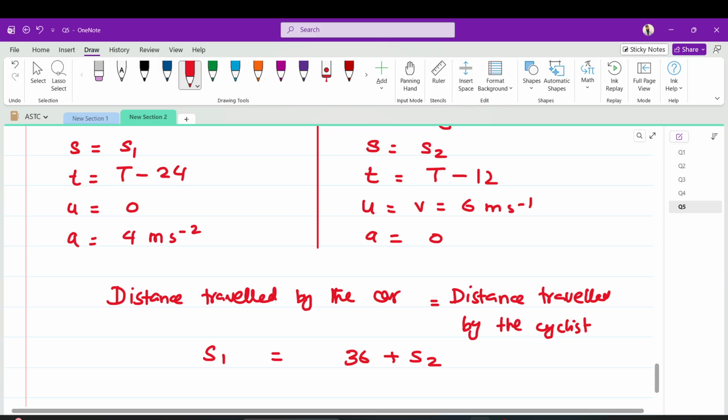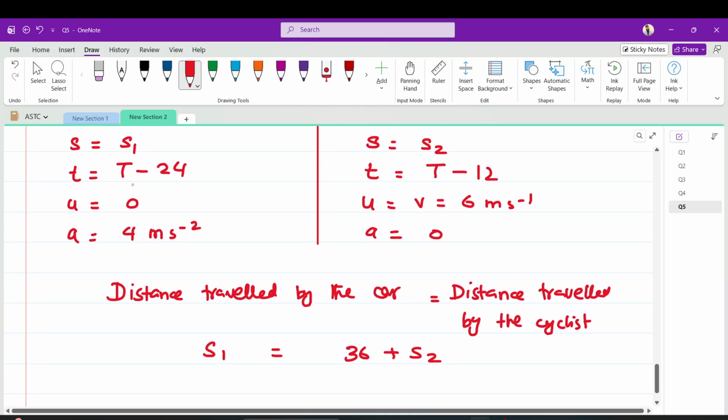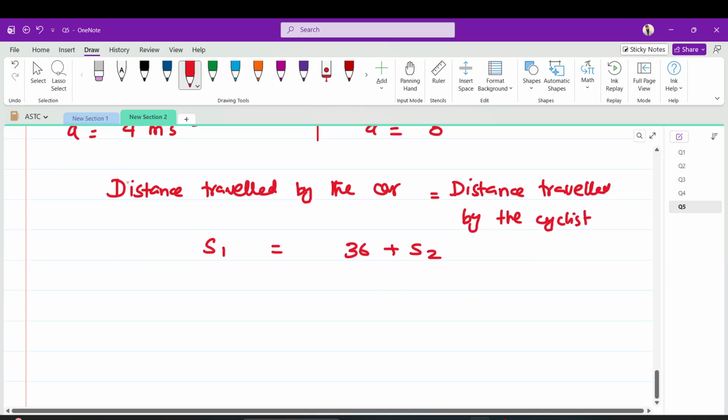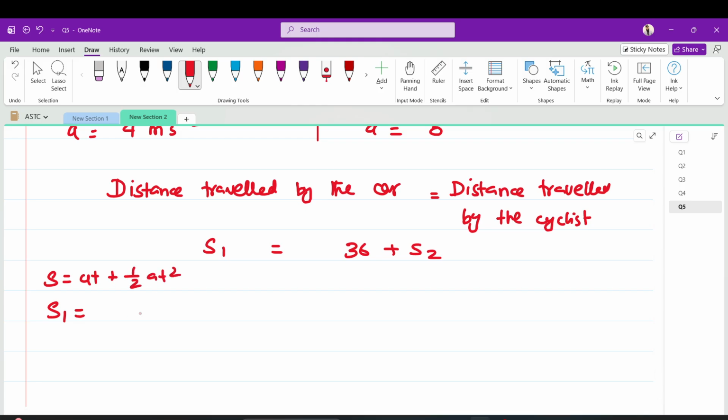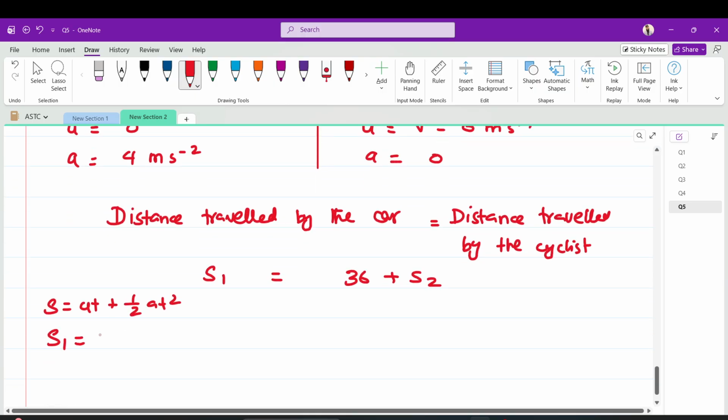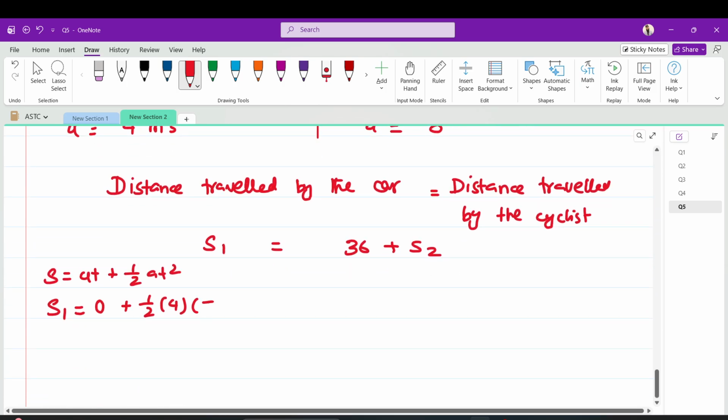Okay. Now, what is S1? We're going to use the equation S equals ut plus half at squared to work that out. So S1 will be, since u is 0, 0 plus half into 4 times (t minus 24) whole squared.